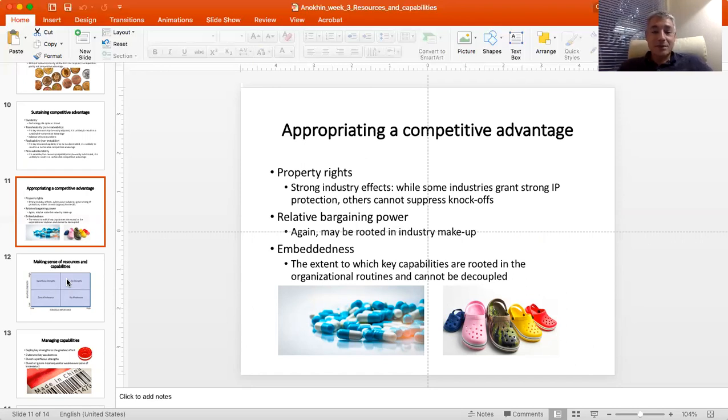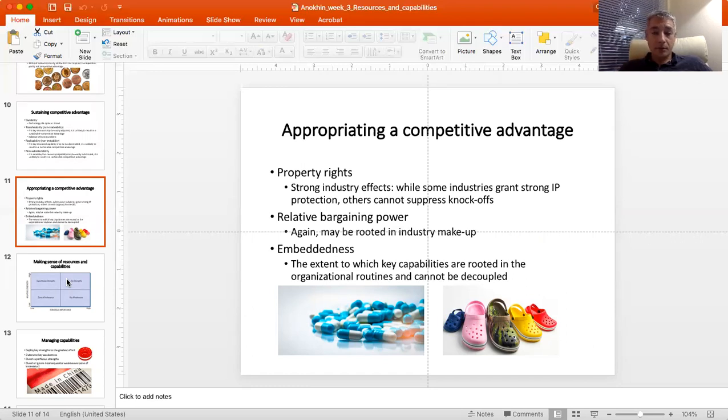So, there's a reason for why some industries are like that. If you happen to be there, if your resources and capabilities are protected by these property rights, then you can definitely appropriate a major chunk of value that you create through deploying these resources and capabilities.